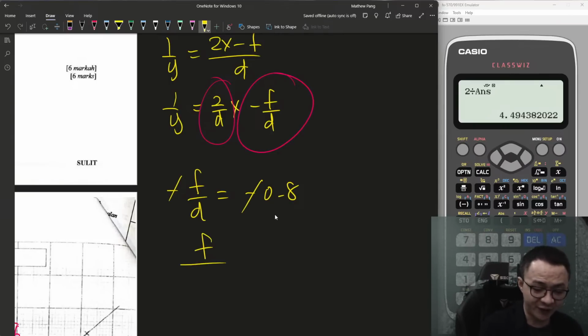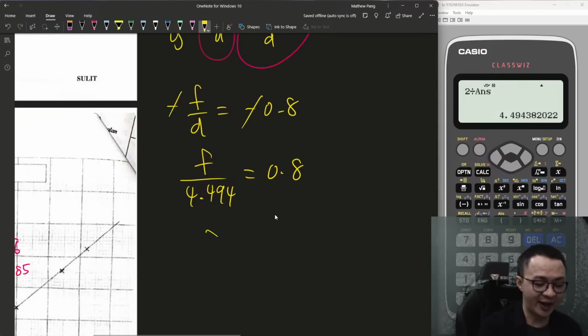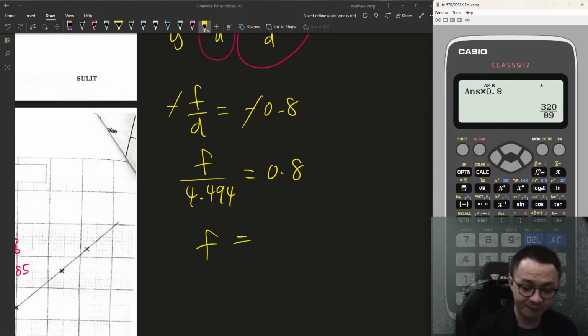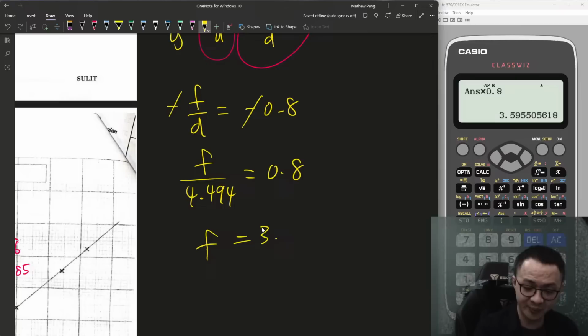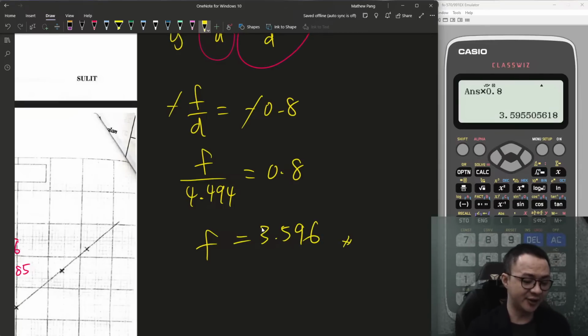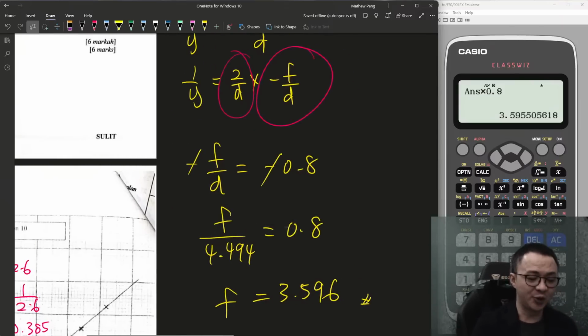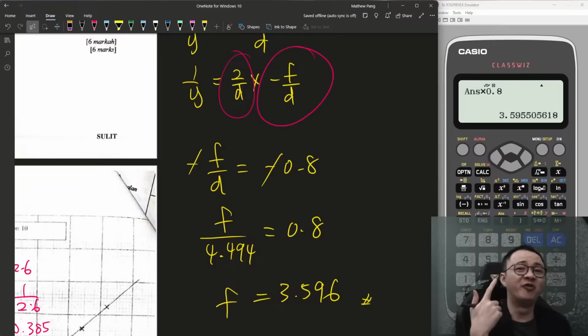F I want to find, d I have already, 4.494. f over 4.494 equals 0.8. Then I can solve for f by taking this number multiplied by 0.8. So it's 3.596. Okay, so this is how we get f and d by using the gradient and the vertical intercept from the graph.